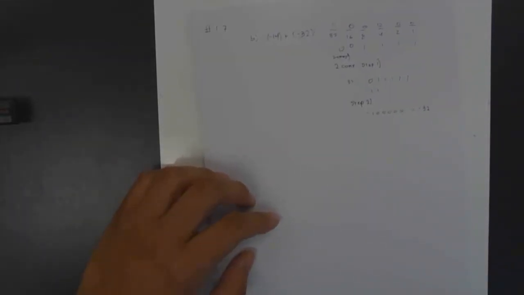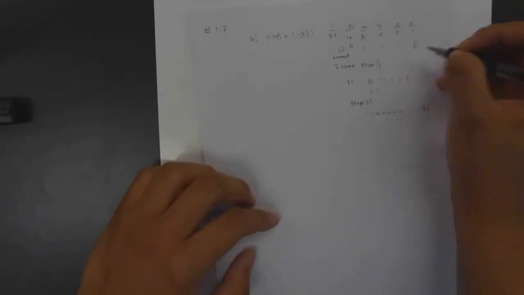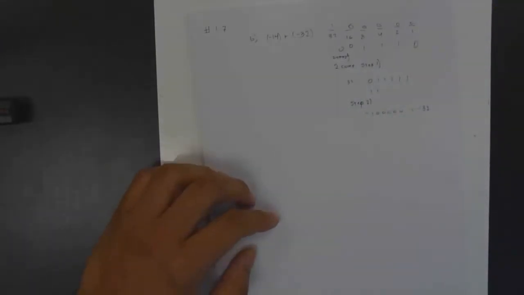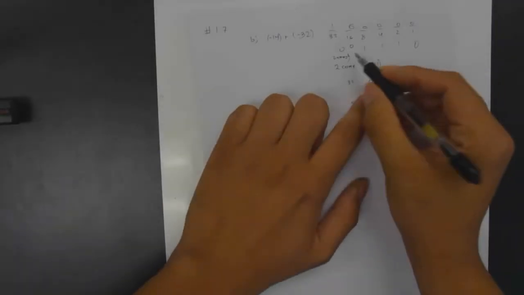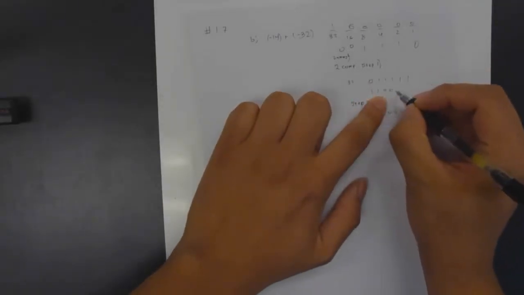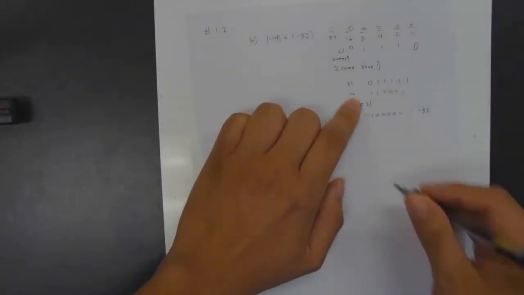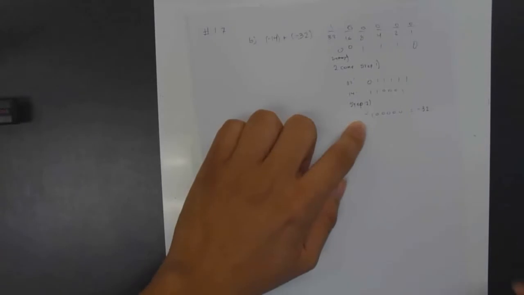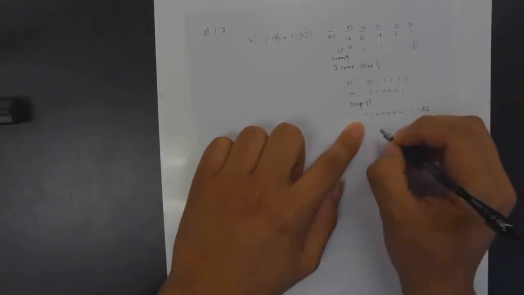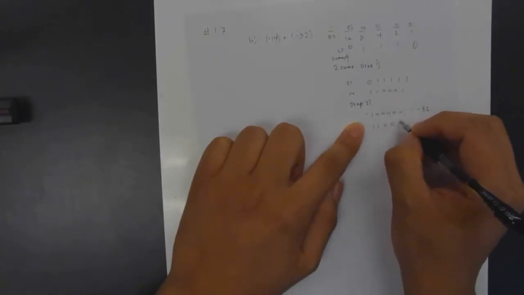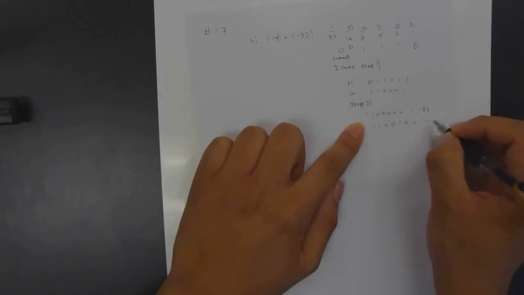At the very end, it should be 0. Oh, okay. Yeah, thank you. So that should be 1, 1, 0, 0, 0, 1. So that's 14's 2's complement. And then add 1, right? So it's 1, 1, 0, 0, 1, 0. Equals negative 14.